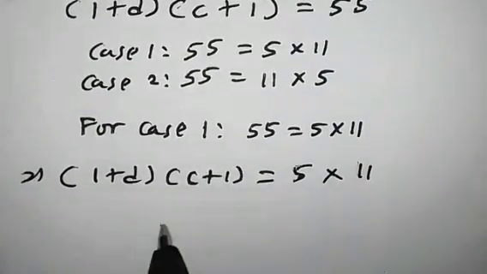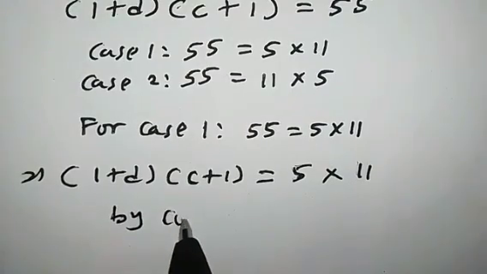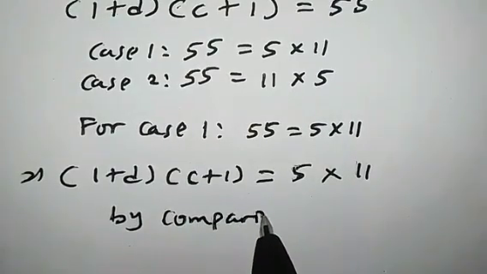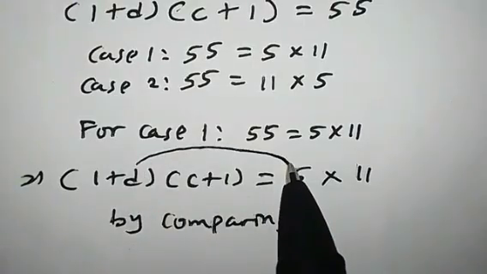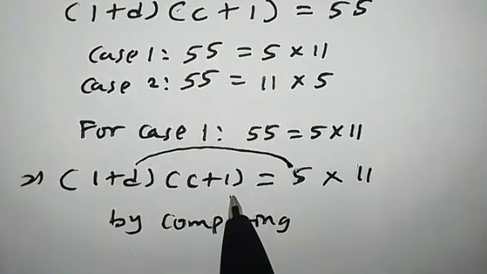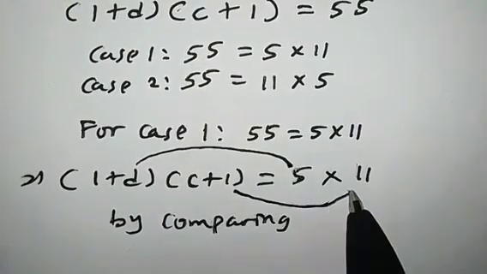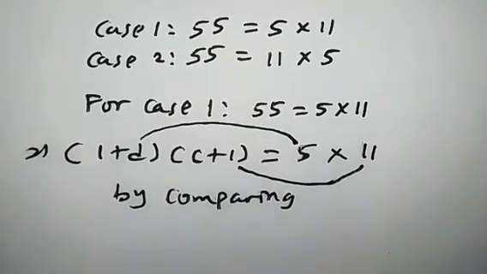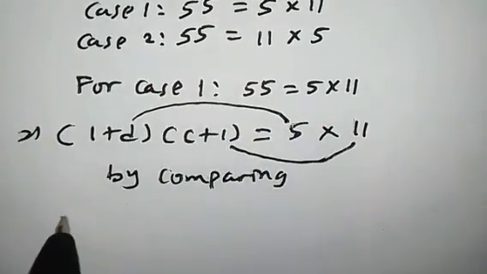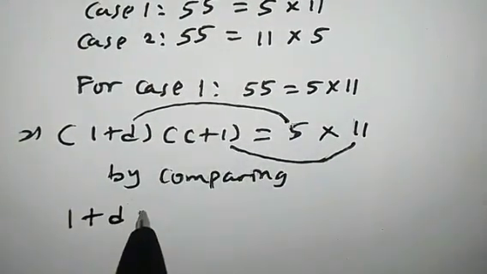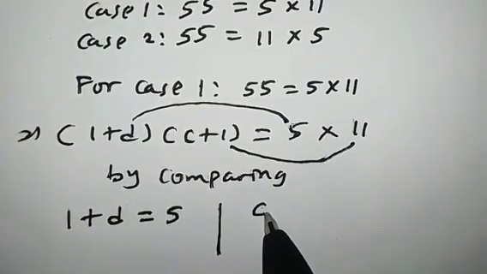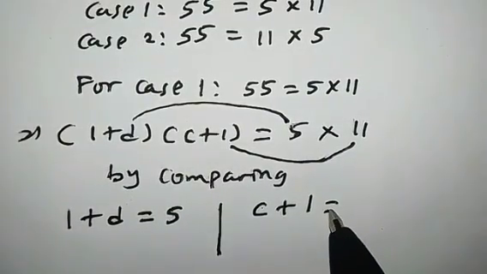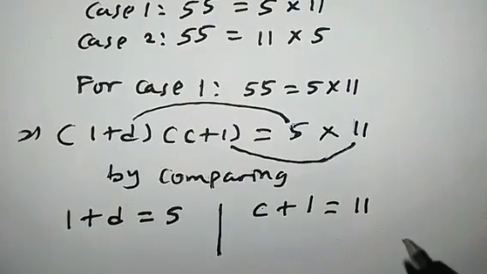Let's continue. By comparing, 1 plus D will be equal to 5, and C plus 1 will be equal to 11. That is component-wise. We have 1 plus D equal to 5, and C plus 1 equal to 11.